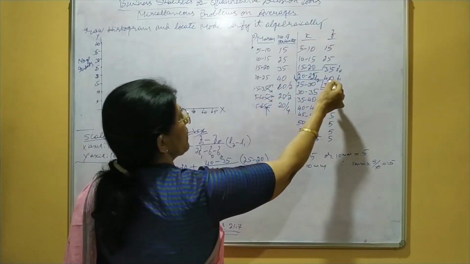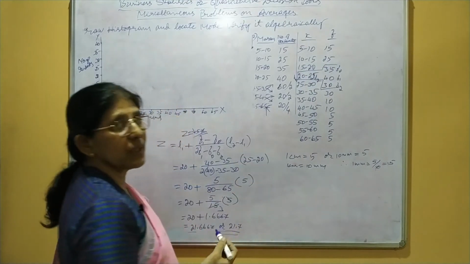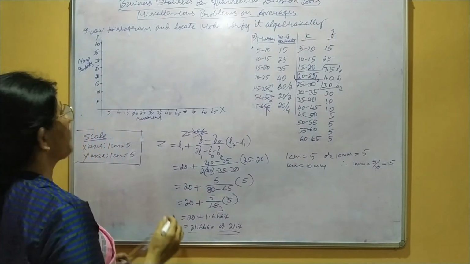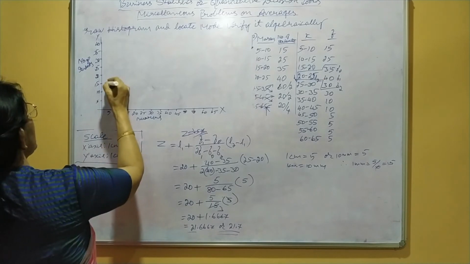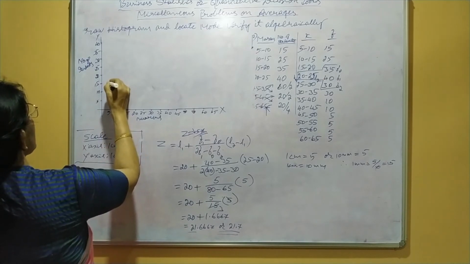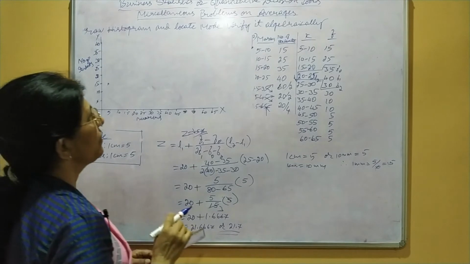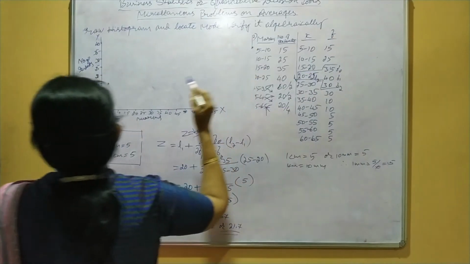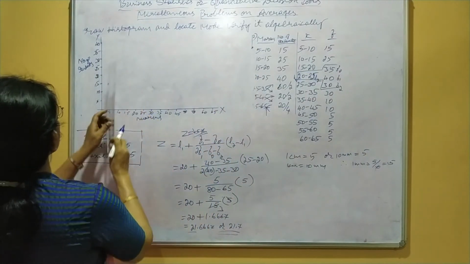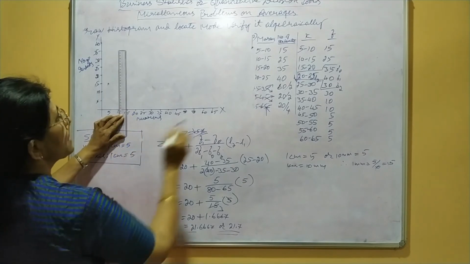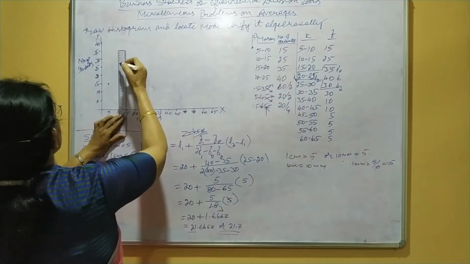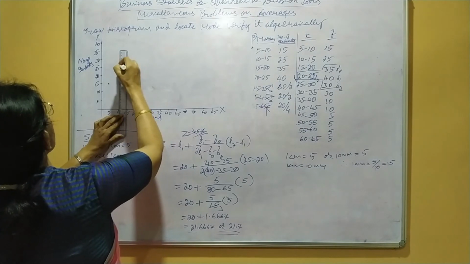Now, we have to mark up to the frequency corresponding to each lower limit. Corresponding to lower limit 5, mark 15. Corresponding to lower limit 10, mark 25.